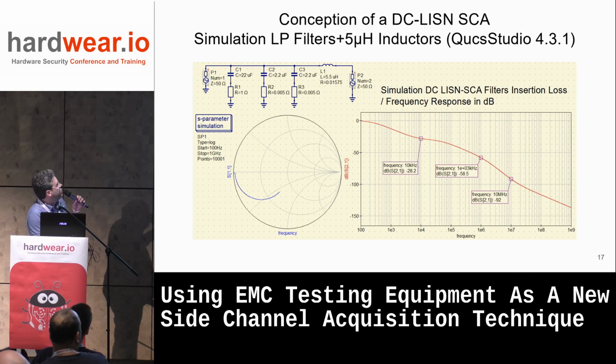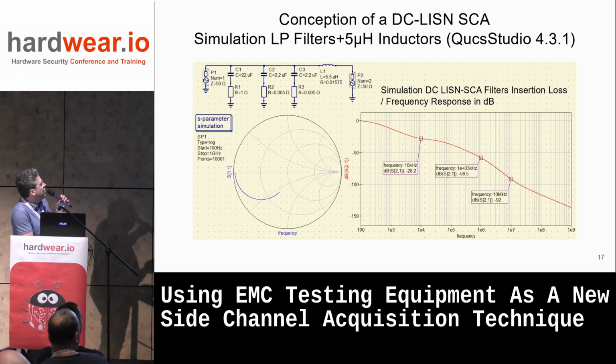We will see the simulation of the low-pass filters and 5 microhenry inductors using QUCS Studio, which is freeware. There we see a very basic simulation with a filter with a capacitor there, with a small damping resistor of 1 ohm.